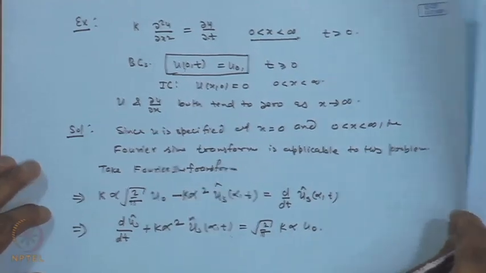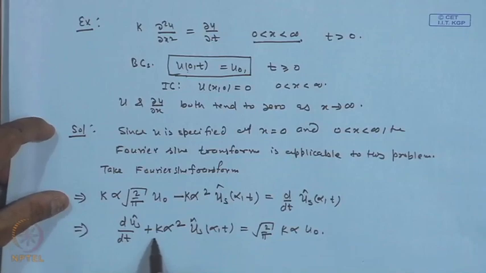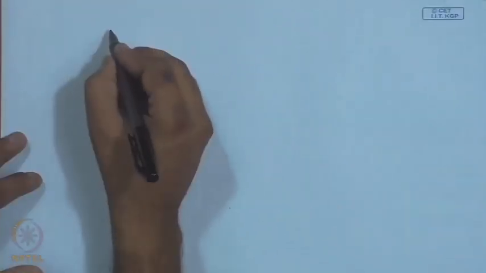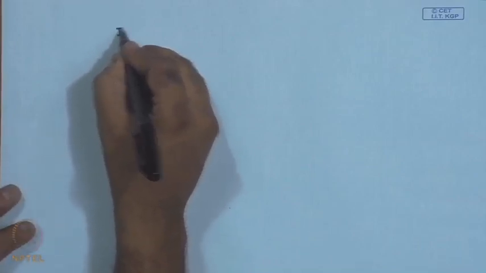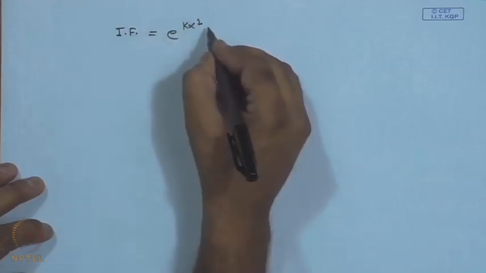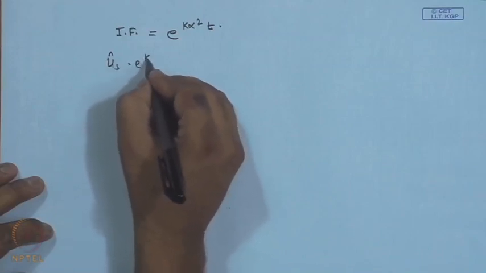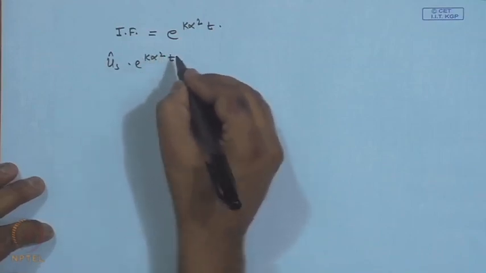Now we need to solve this equation. For that we get the integrating factor. This is a linear ordinary differential equation, so the integrating factor will be simply e to the k alpha square t, and then we can get the solution. Now, e to the k alpha square t.